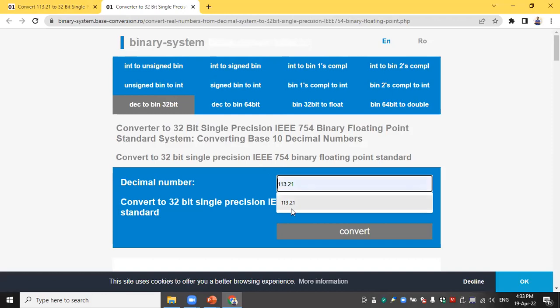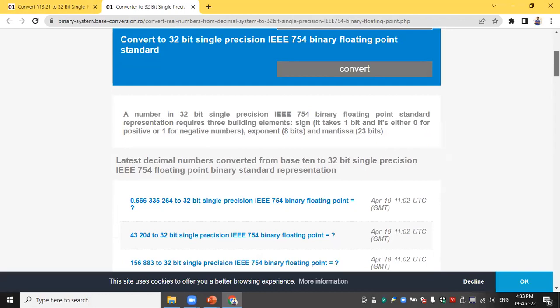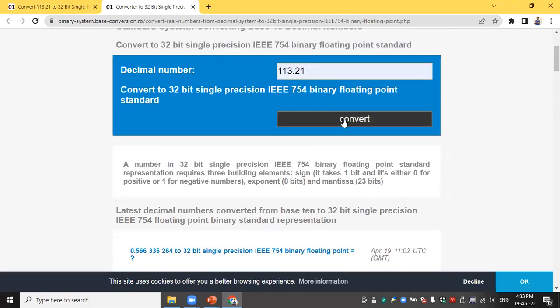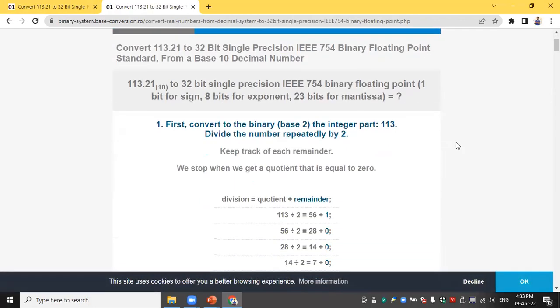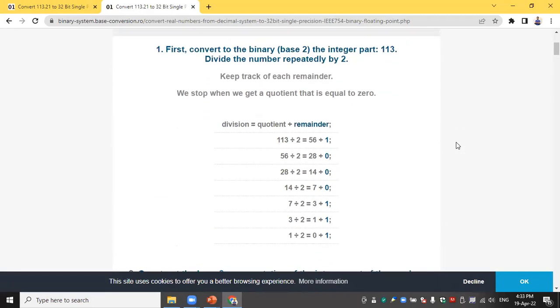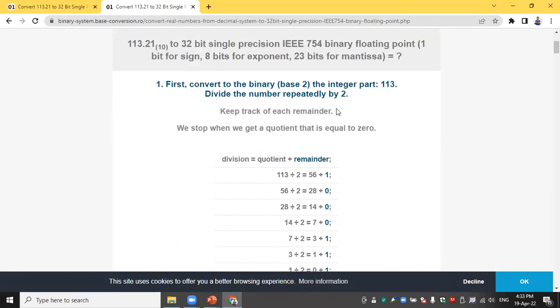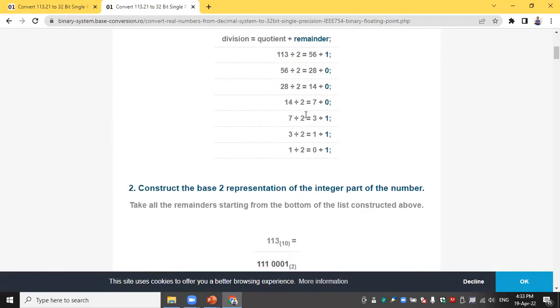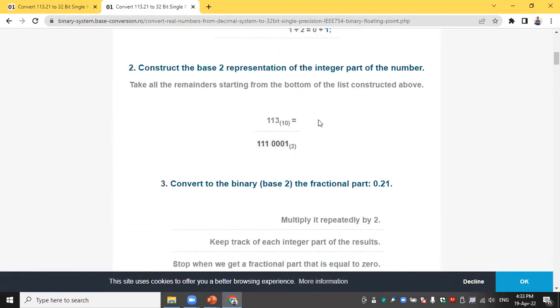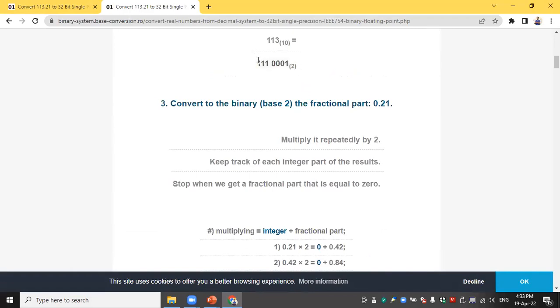Then I want to get the representation for this number 113.21. That's what we did in our exercise. If you press convert, you can see it with the steps. The first step is to convert the integer part of that number, that means the 113 part. Then you get this value.